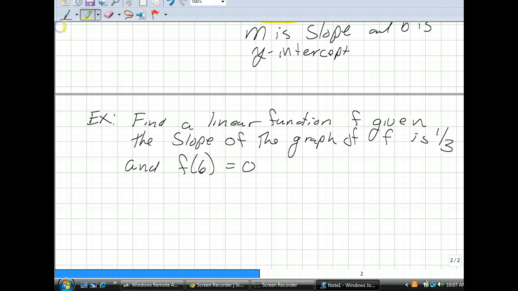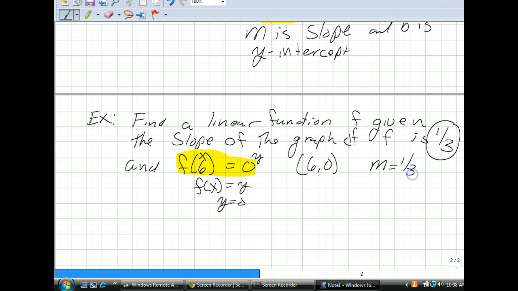Well, this is really just a point, because remember, this number is your x value and f of x is really just equal to y. So we have y equals 0. So this is really the ordered pair (6, 0). And this is m equals 1/3.